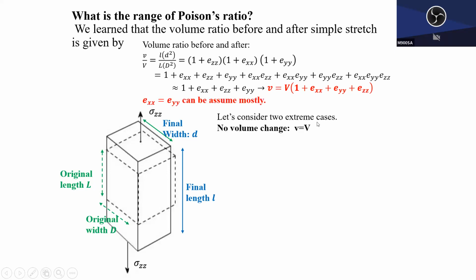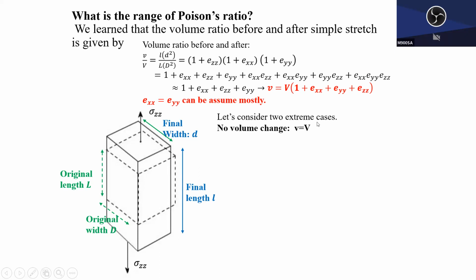If you have a material that has pretty much no volume change, like water, which does not change its volume, if you put water in a plastic bag, you can pour it, compress it, and the volume never changes. Rubber and polymer are pretty much the same way.